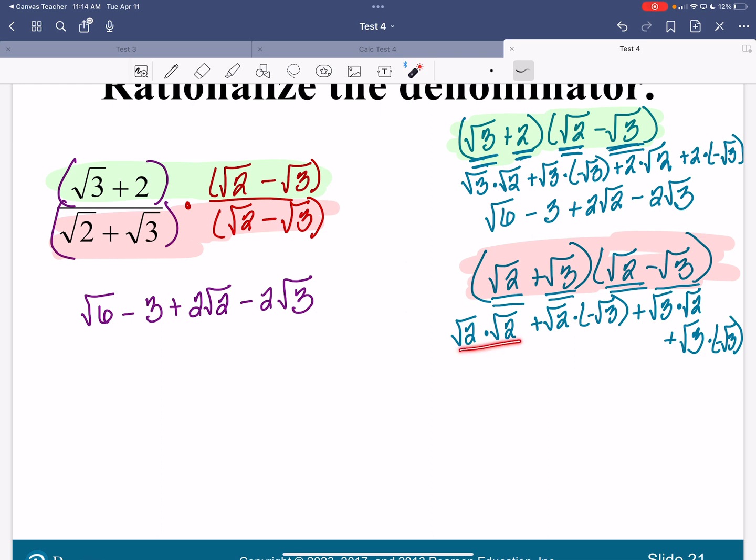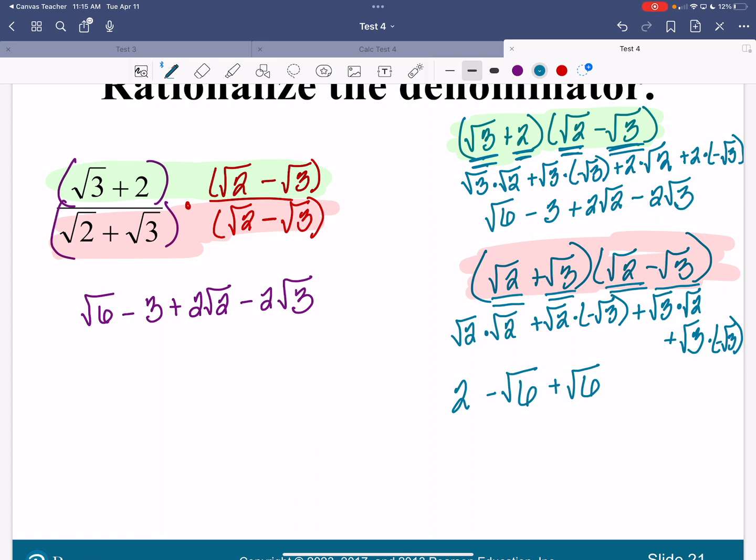Square root of 2 times square root of 2. What is that? Excellent. Okay? Then I've got negative square root of 2 times square root of 3. So that's going to be minus square root of what? Excellent. Okay, I've got positive square root of 3 times positive square root of 2. So what does that give you? Excellent.